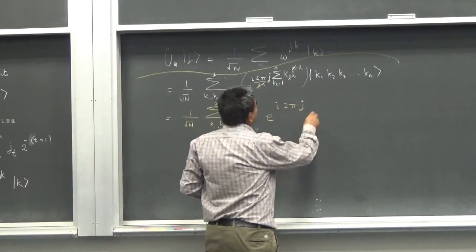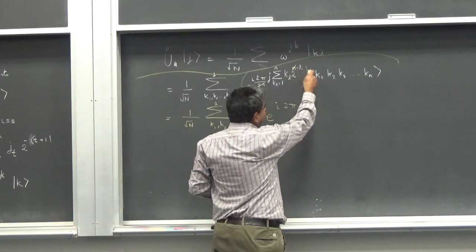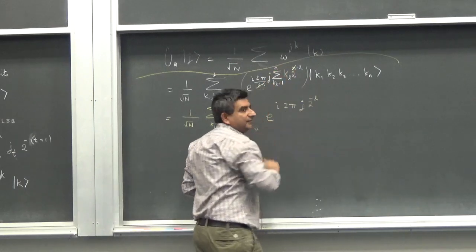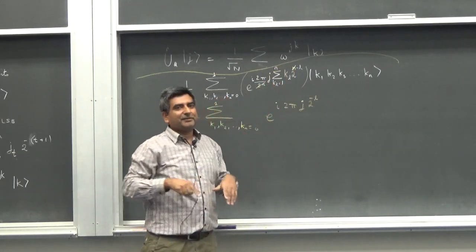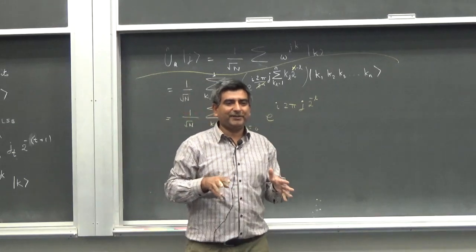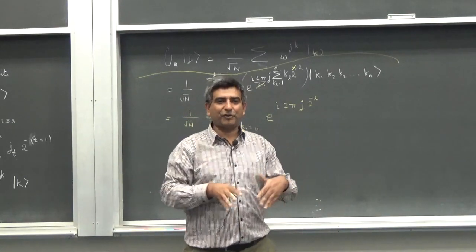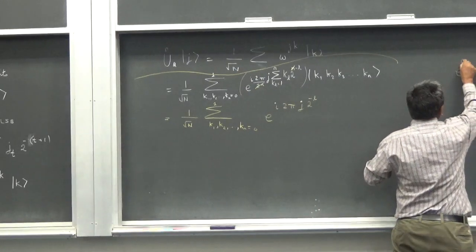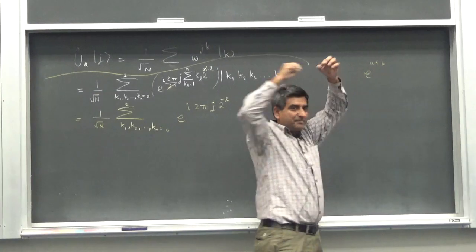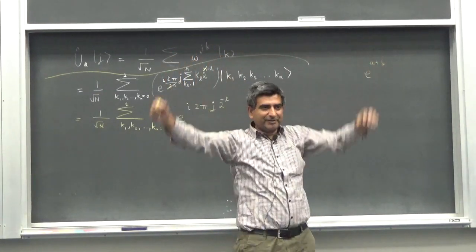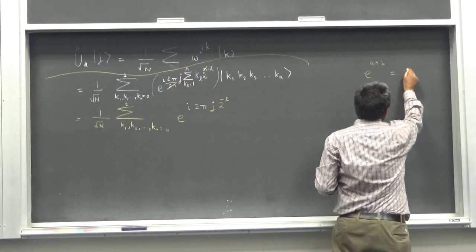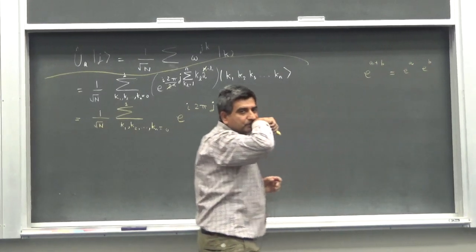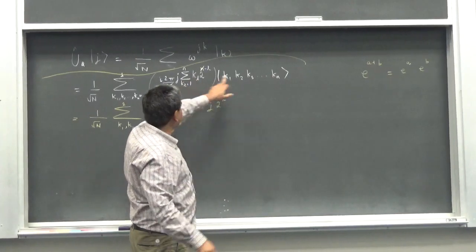We have k_l and 2 raised to the minus l. So 2^(-l). And we have k1 plus k2 plus k3 plus k4 all the way up to kn. But now you have an exponent. If you have an exponent A plus B, a sum in the power of the exponent, you can convert this into the product of two exponents, can't you? So now you have all the possible k's in here.